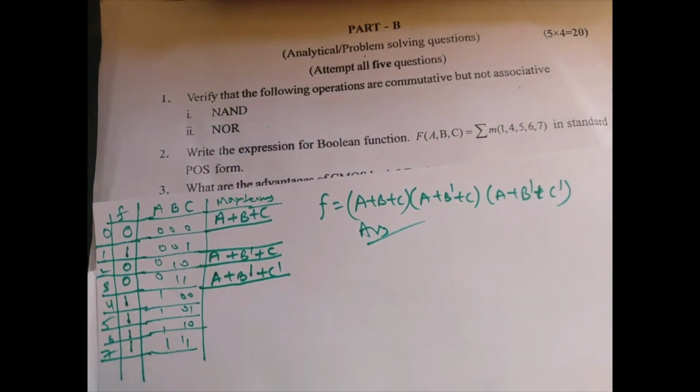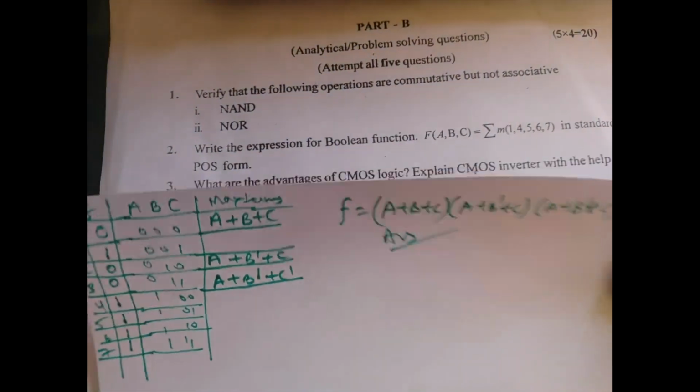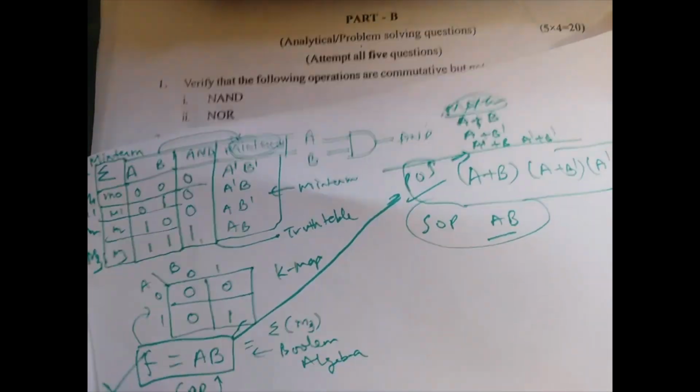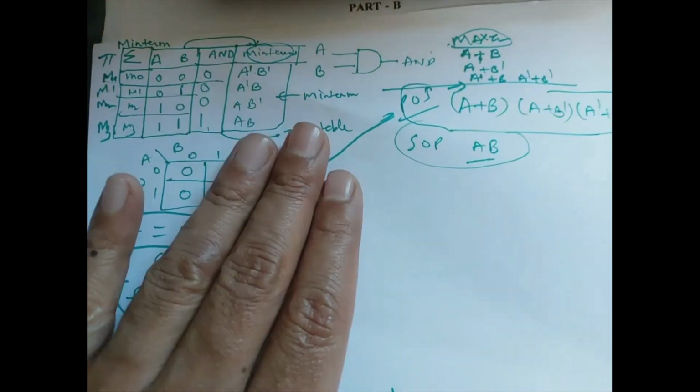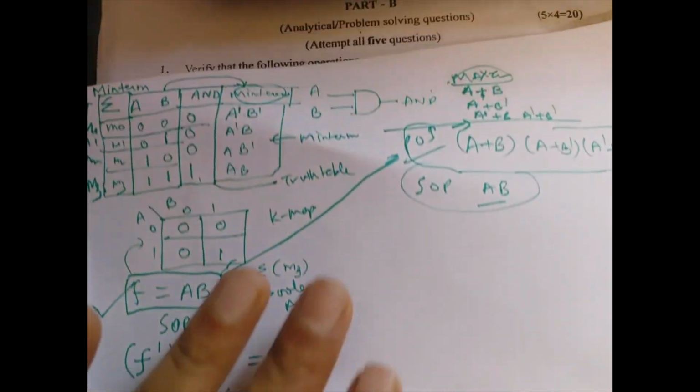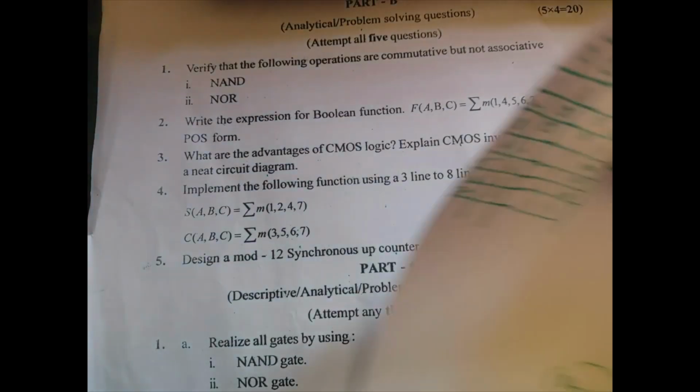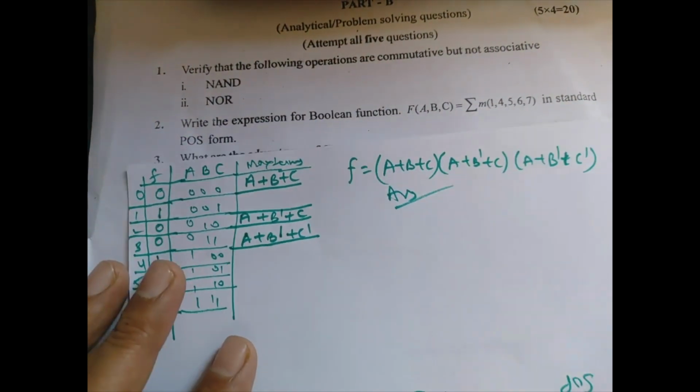So I hope this helps. If I am wrong, you can correct yourself by getting this understanding. When you develop this understanding, then you will easily and directly write answers.